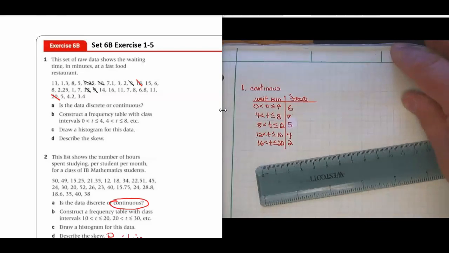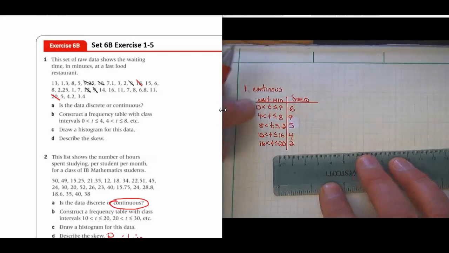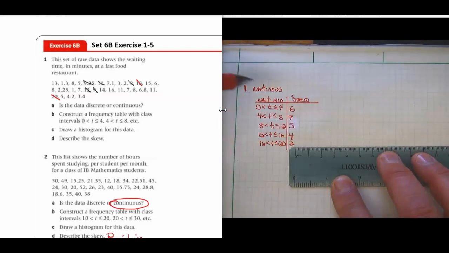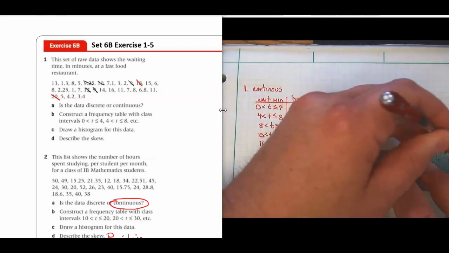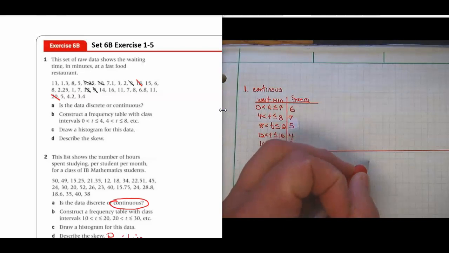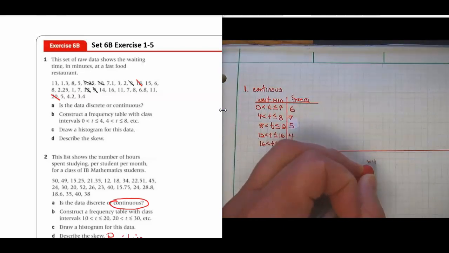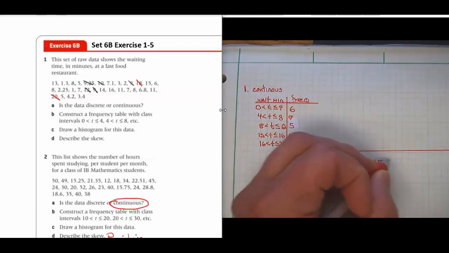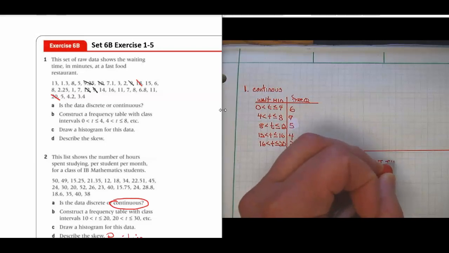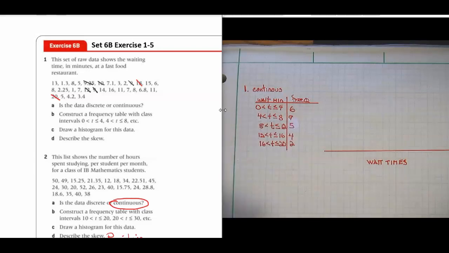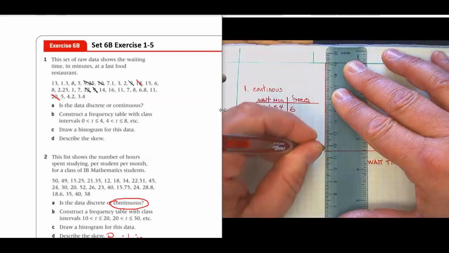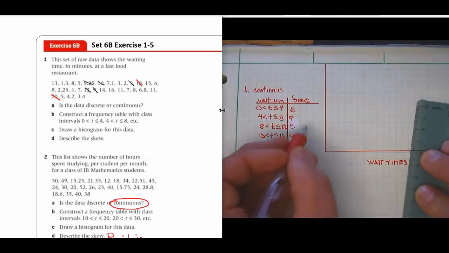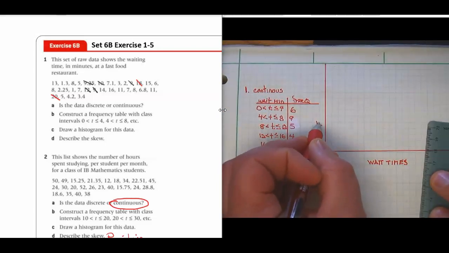Okay, and now to draw the histogram, our wait minutes go along the x-axis, and then the frequencies go along the y-axis.